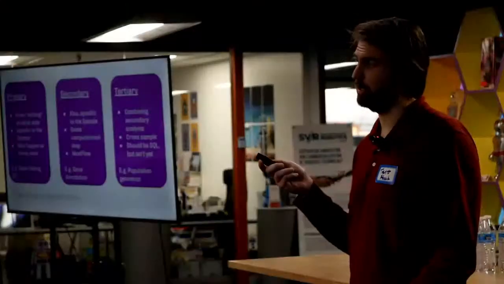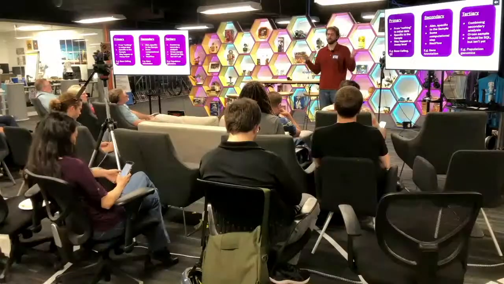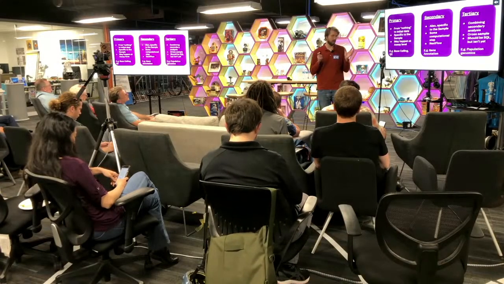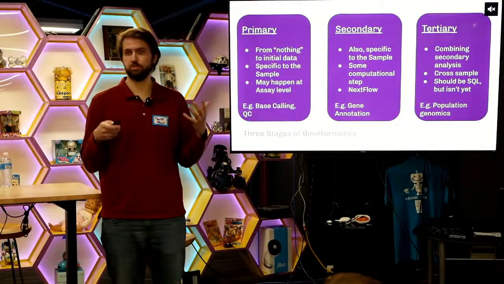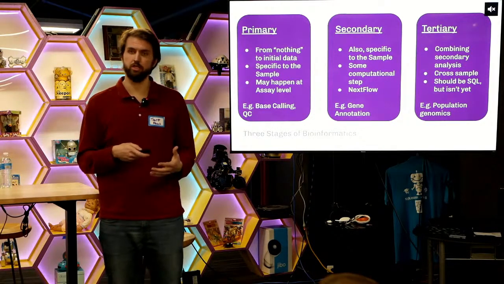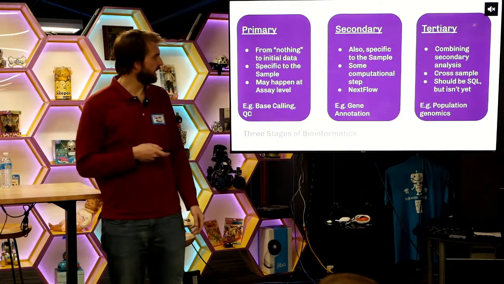First, primary analysis, which is things like base calling, where you're generating the very basic data that allows us to do the analysis. Second, secondary analysis, where we might try to do annotations on a genome to say, here are the proteins, or here are the HMMs that hopefully dictate some of the function of the protein.